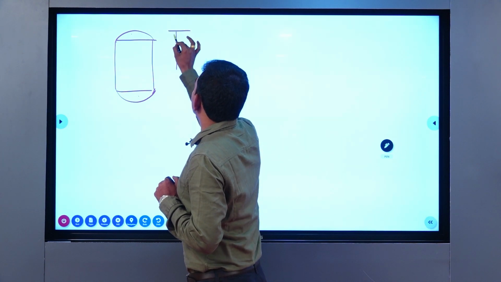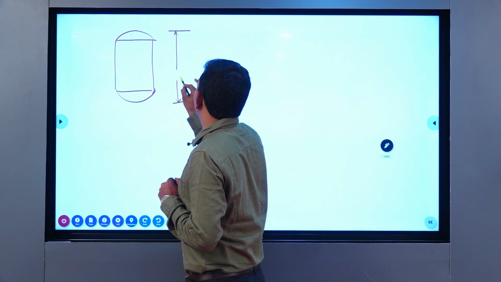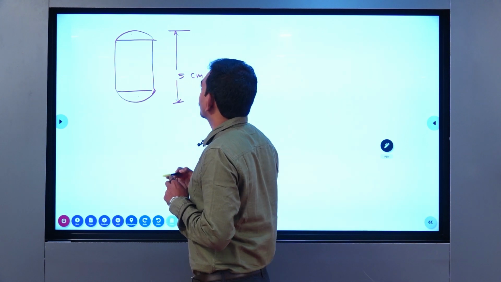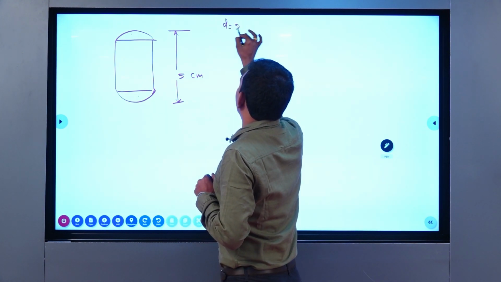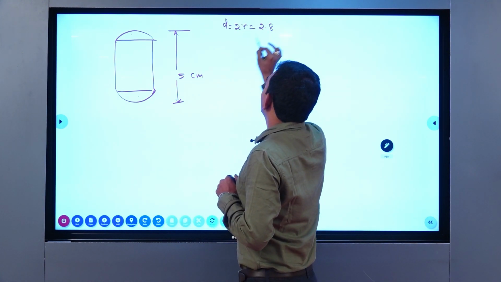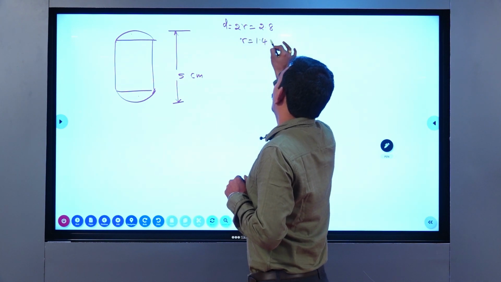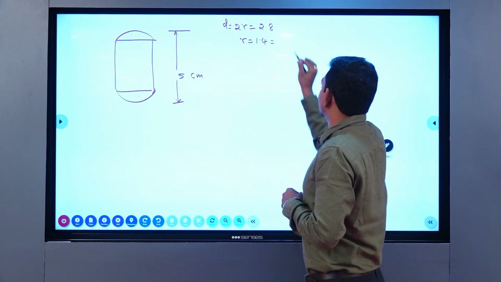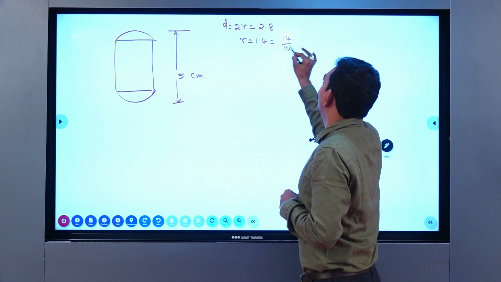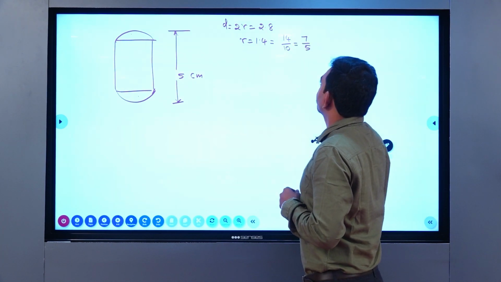The height of this gulab jamun is given as totally 5 centimeters and the diameter as 2.8, which means the radius is 1.4, converted to fraction, guys. So this is 14 by 10, which is 7 by 5.